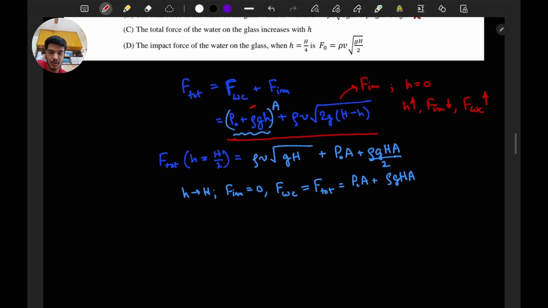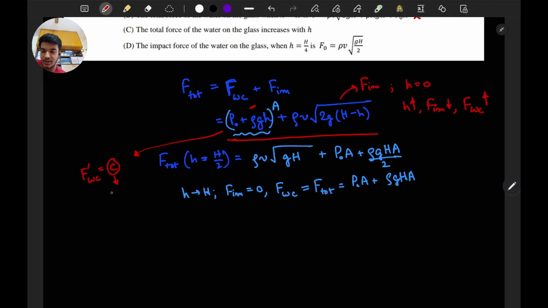Now let us think about the rate of increase and decrease of these two terms. This is a linear function of h, so if I calculate F dash WC with respect to h, it gives me some constant value c.